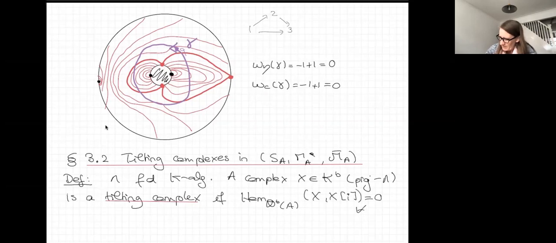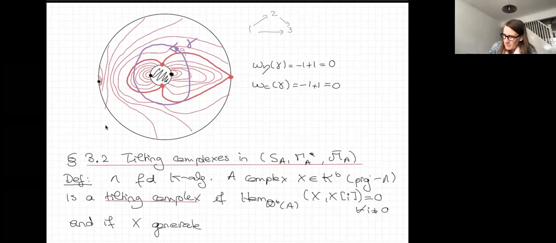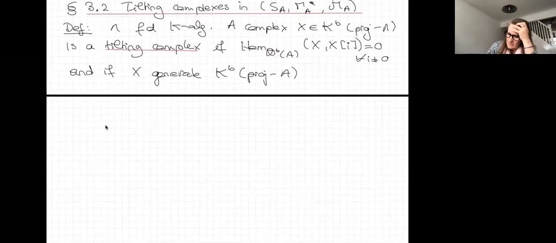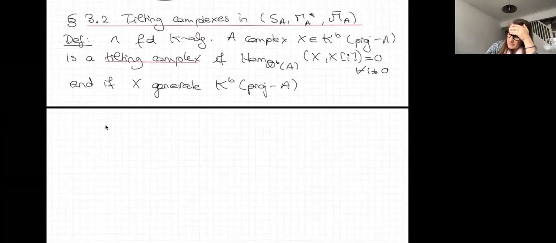So for any shift, positive or negative, this Hom space should be 0. And we want X to generate K^b(proj), the homotopy category of bounded complexes of projectives. Okay, so then what are the tilting complexes in the surface? What do they look like?